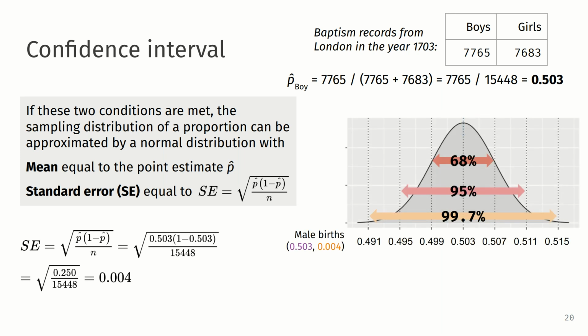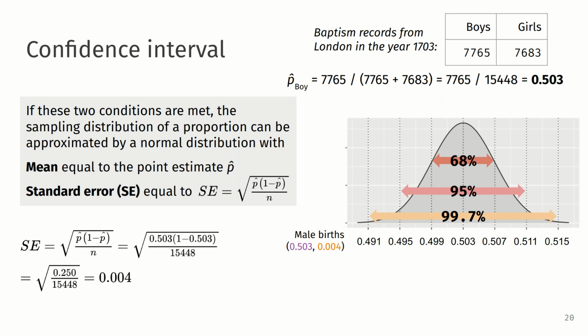Now, here's our friend, the normal distribution from before. And we put our sample proportion, 0.503, here in the middle. That's at the peak of the curve, because that's the mean. And now each tick out either decreases or increases by 0.004.